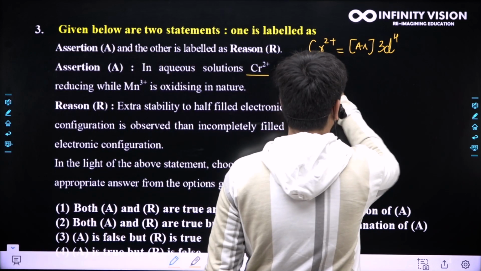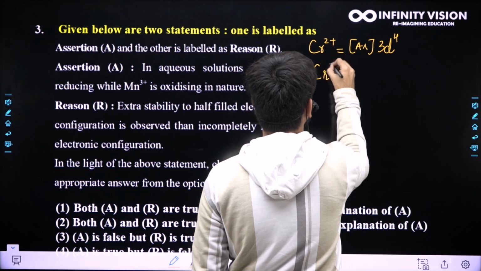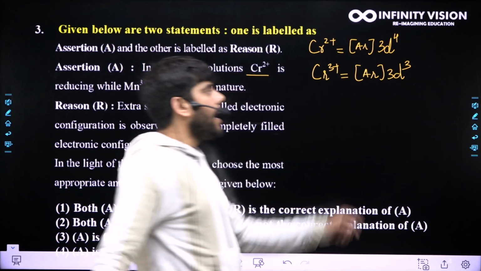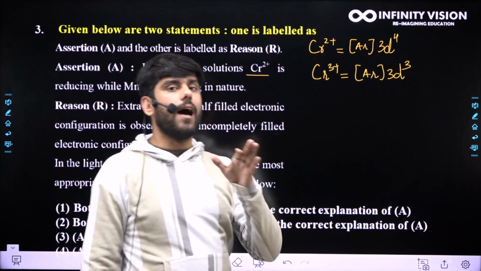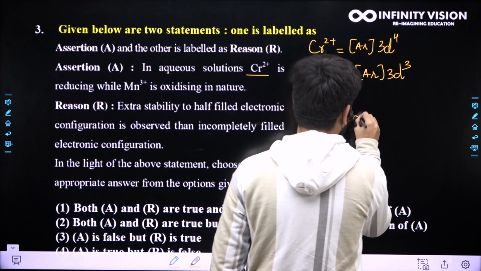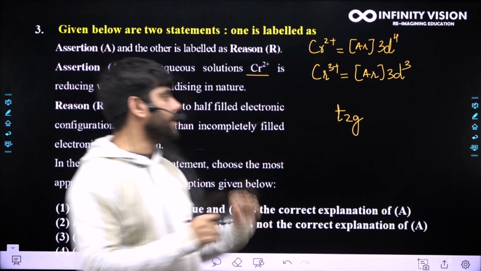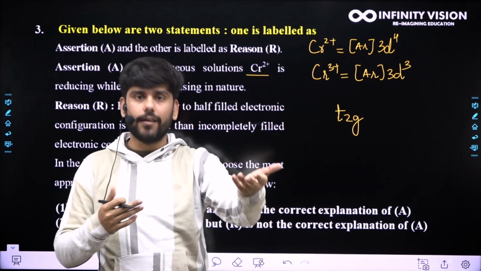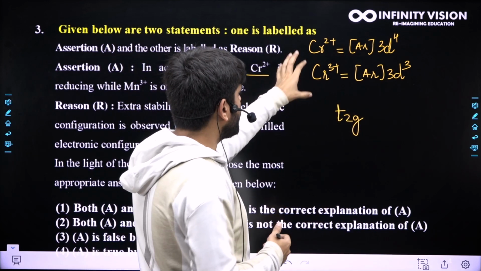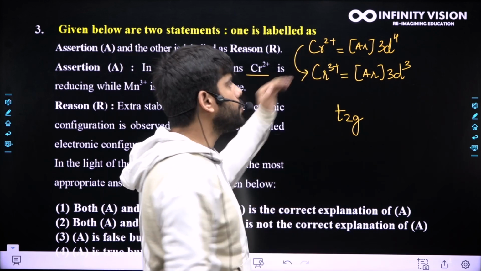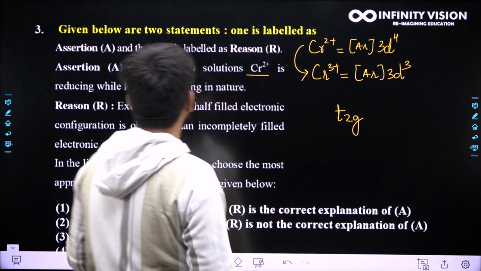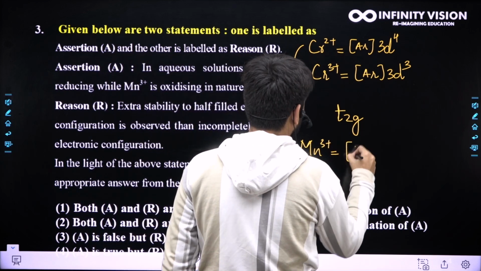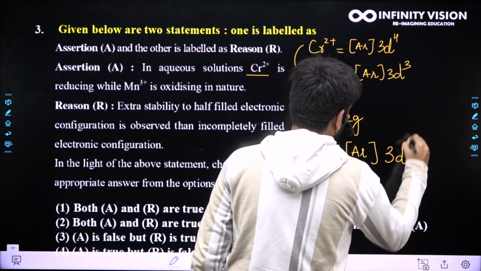Why? Because if I consider it reducing, it will be converted to Cr3 plus, where the electronic configuration would be 3d3, and by doing so, we have exactly half-filled t2g set, right? We know that here we have higher CFSE value. So yes, this is correct, that Cr2 plus tends to change to Cr3 plus, whereas Mn3 plus is argon 3d4.